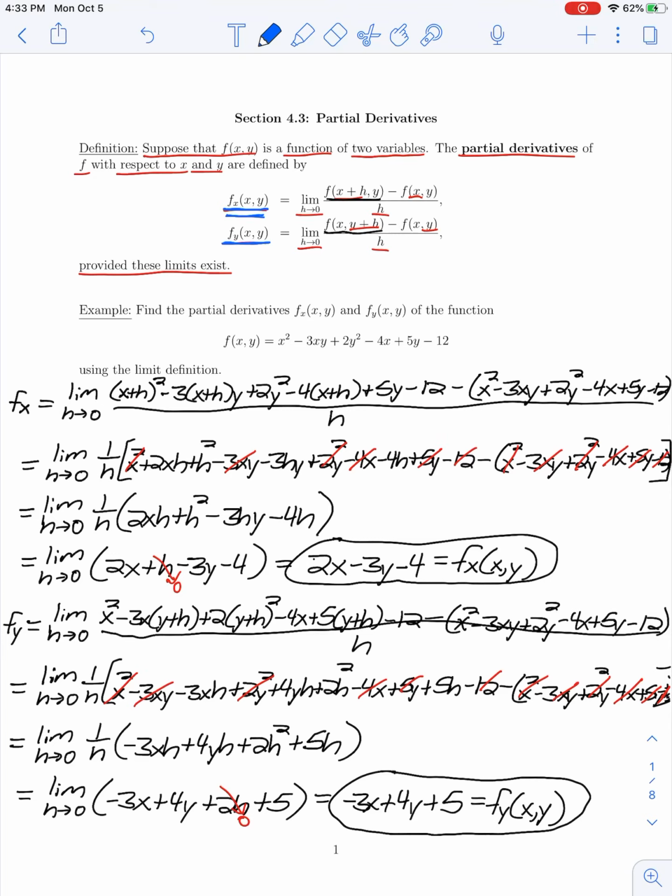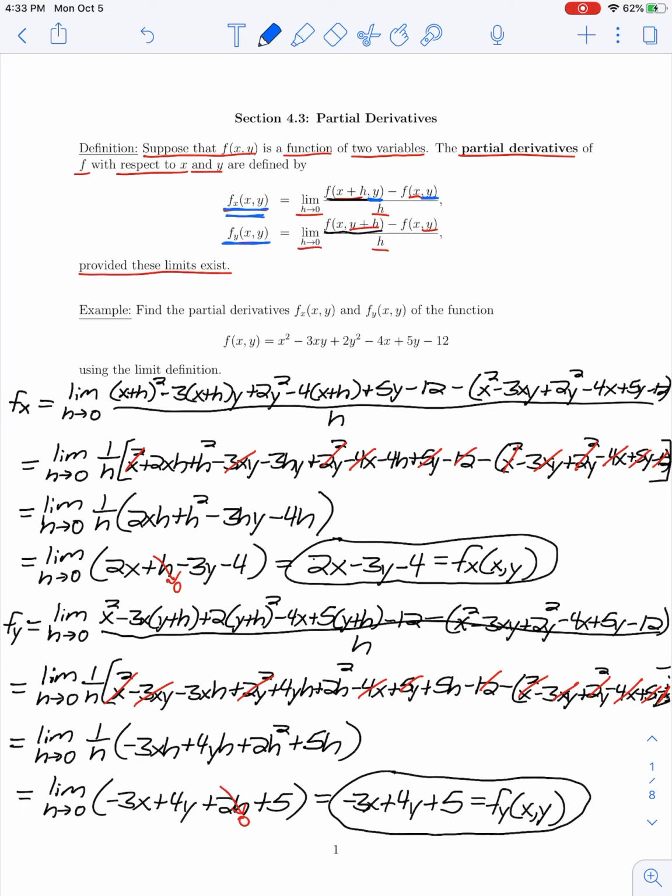So for instance, in the numerator, we're looking at the difference of f of x plus h, y minus f of x, y. So the only difference in our numerator is in the variable x, where we've got x plus h and x. But y is treated as a constant throughout that equation.